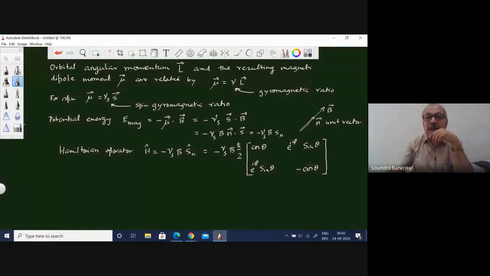Okay, and in the special case where B is oriented in the z direction, then this term will be 0. Then it becomes simple.